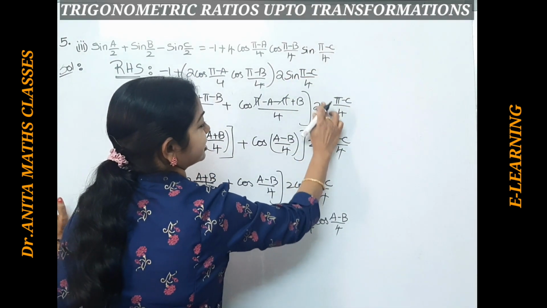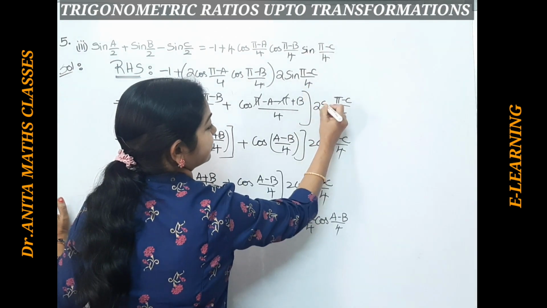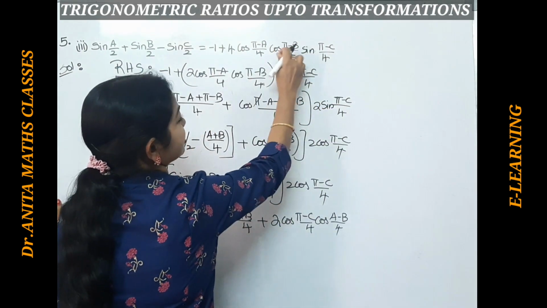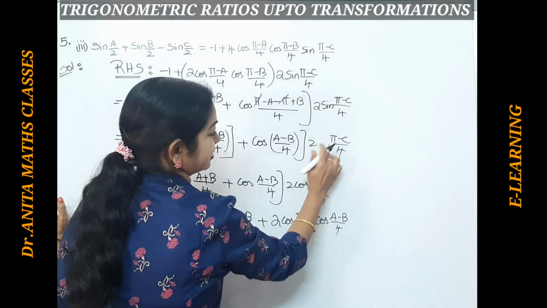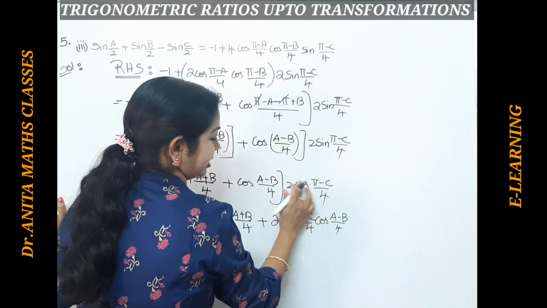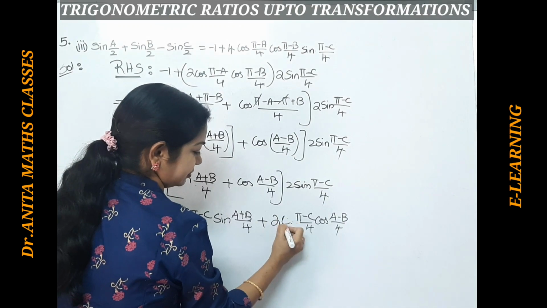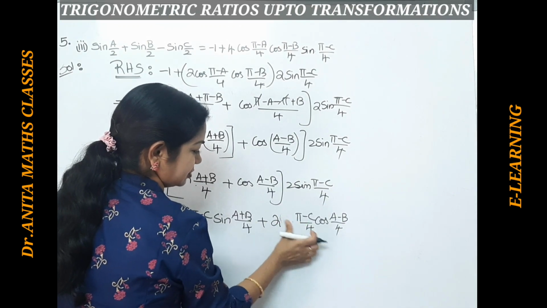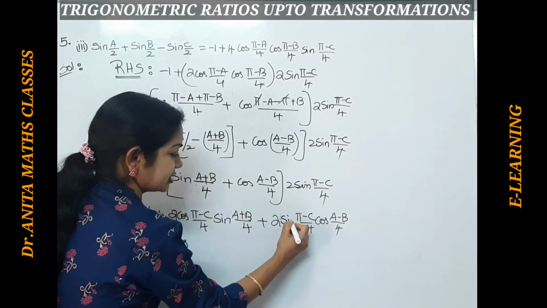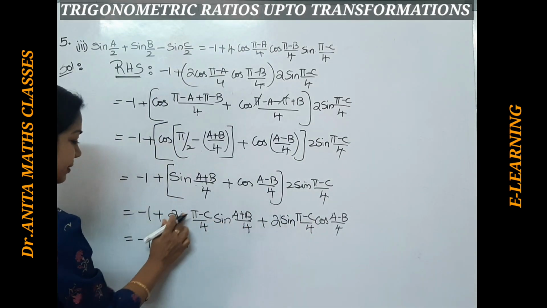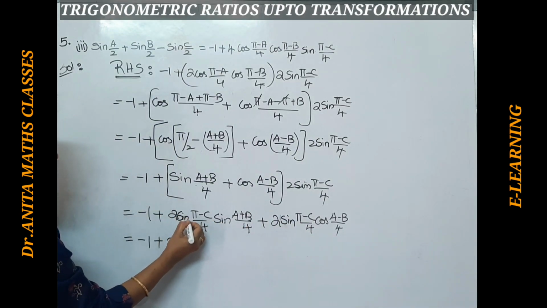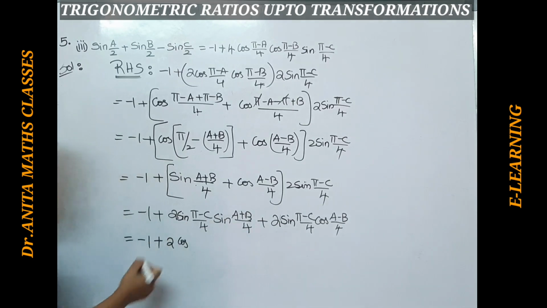In the flow of cos and cos I had written cos, but this is sine. So we are taking 2 sine outside. So when you are multiplying, this is 2 sine, and here also when you are multiplying, this is 2 sine. So a small mistake everywhere we have to change.